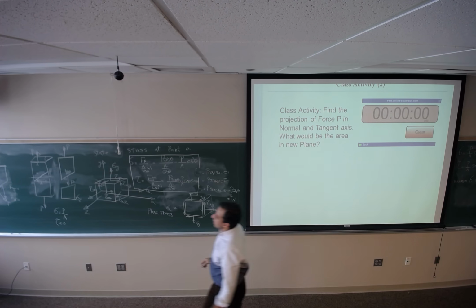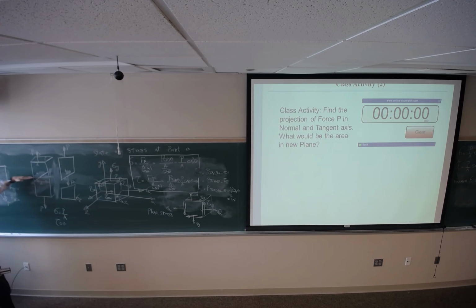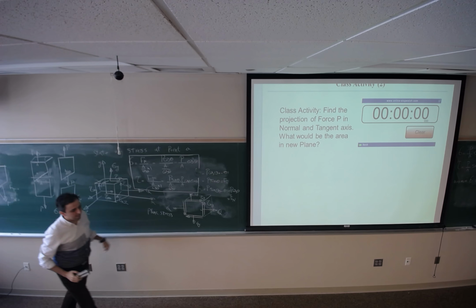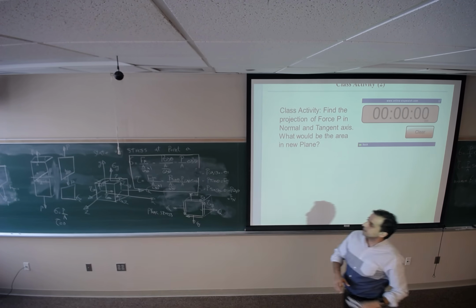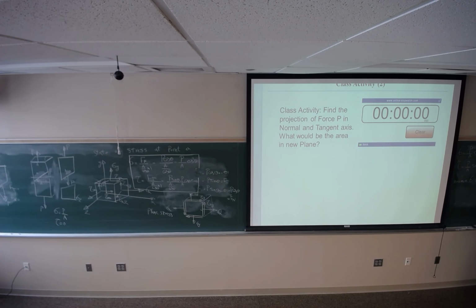If you just have the plane with the angle of 0 or 180, you will get the maximum sigma. And minimum occurs at, this is cosine square.